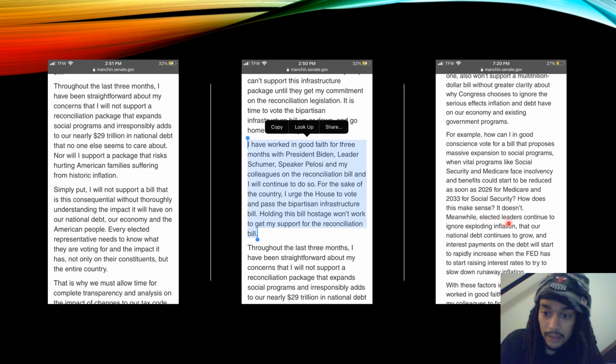How does this make sense? It doesn't. Meanwhile, elected leaders continue to ignore exploding inflation, that our national debt continues to grow, and interest payments on the debt will start to rapidly increase when the Fed has to start raising interest rates to try to slow down runaway inflation.